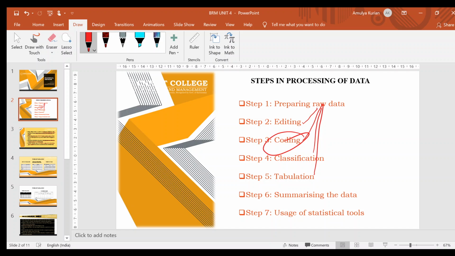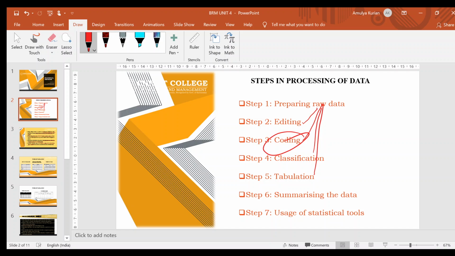The next one is classification. Classification is mainly used to reduce the large mass of data into homogeneous groups for meaningful analysis. It can be done in four different ways. First one is geographical classification. Second one is chronological classification.